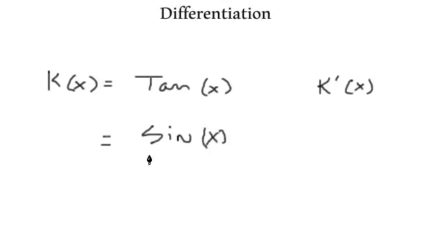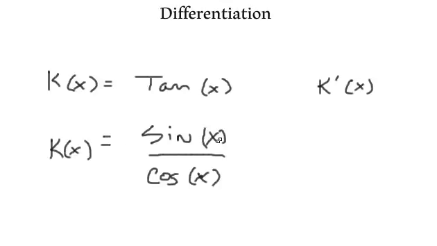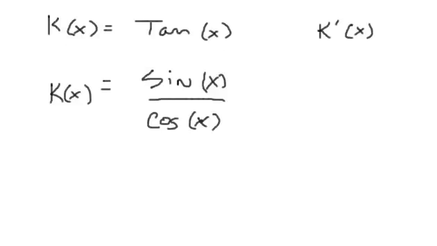It's sine x over cosine x. So we've converted tan x into sines and cosines, and we know that that's sine over cosine.